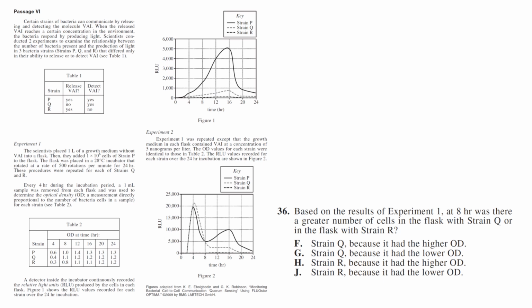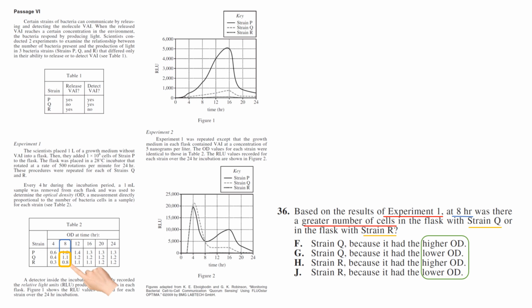36, based on the results of experiment 1 at 8 hours. So again, we have kind of the same issue. Do you use table 1 or figure 1? Was there a greater number of cells in this flask with strain Q or strain R? Well, we look at our answer choices and we see OD in the answer choices. Now we know we're using table 2. We want to know which one has a greater number of cells. So we're looking at Q and R only.